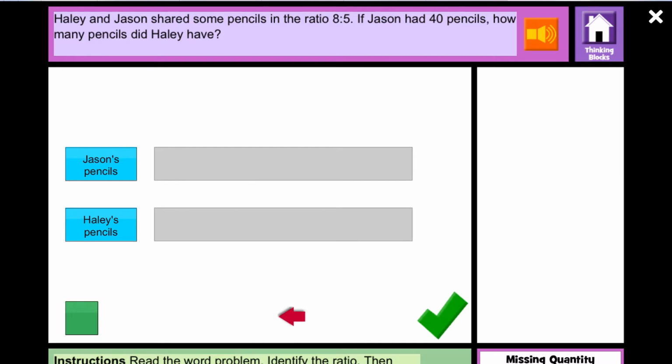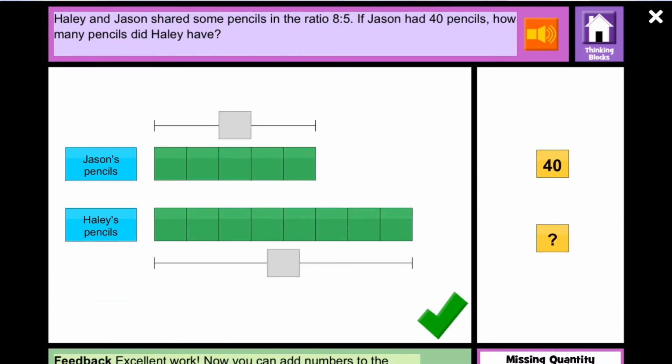All right, and now we want to build our model of the ratio. So it said the ratio of Haley to Jason is 8 to 5, which means Haley has 8 because order matters when we're building ratios. And Jason has 5. We want to know how many pencils Haley has.